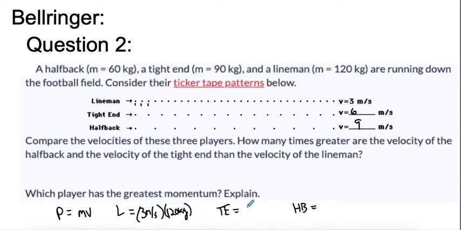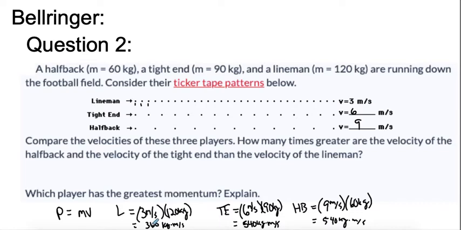The tight end is going to be 6 meters per second times 90 kilograms, and the halfback is going to be 9 meters per second times that mass, which is 60 kilograms. So we're going to put all these in our calculator and see what we get.